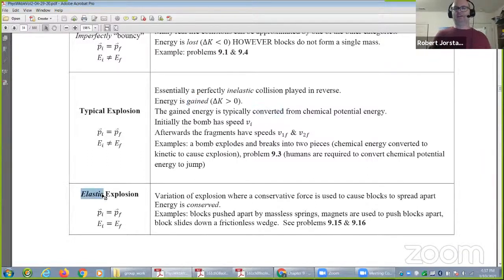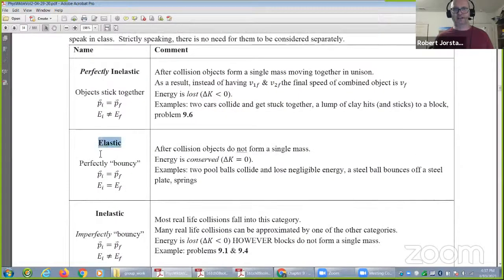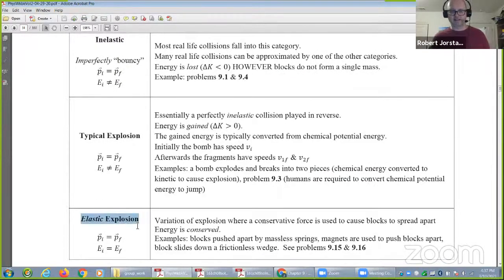A very unusual type of explosion would be an elastic explosion. Imagine you have blocks held together by springs, and you let the springs release, or you compress them and magnets are holding them together. When you let go of them, in this weird case, energy is conserved. So notice the only two on this page where energy is conserved are an elastic collision, or you could think of it like an elastic explosion.